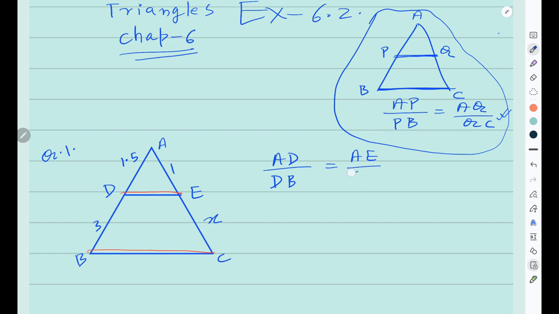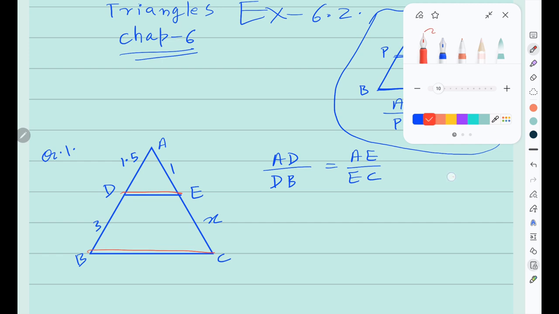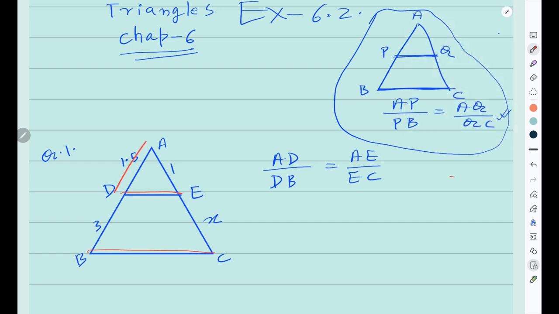So what does it mean? It means that AD and DB are in the same ratio as AE and EC.